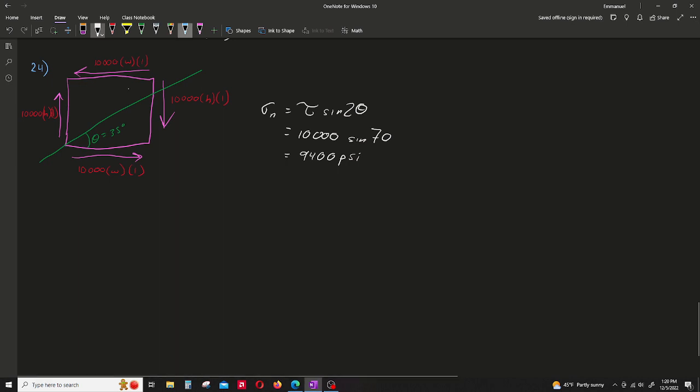All right, 46. A horizontal steel member is anchored at each end.